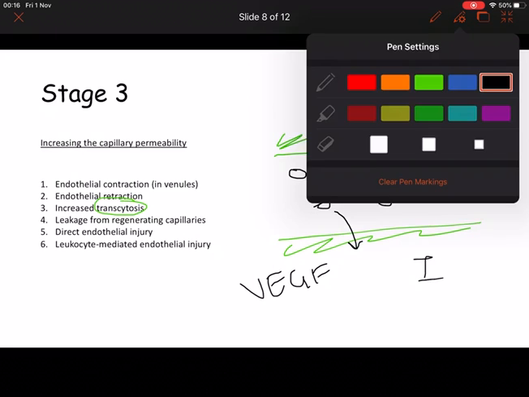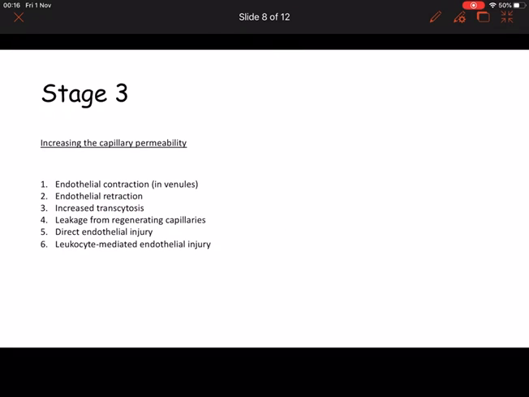Next is the leakage from regenerating capillaries. Suppose these are the endothelial cells. When there are regenerating endothelial cells, they are generally smaller than the fully mature ones.